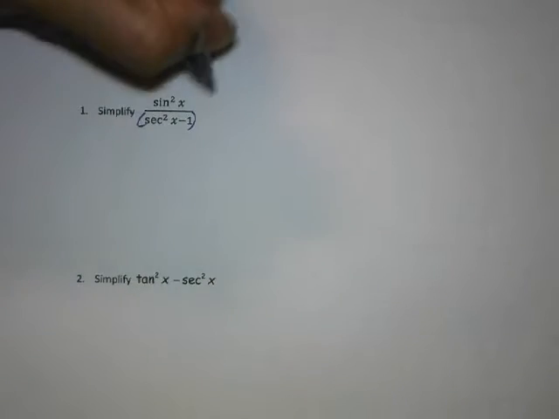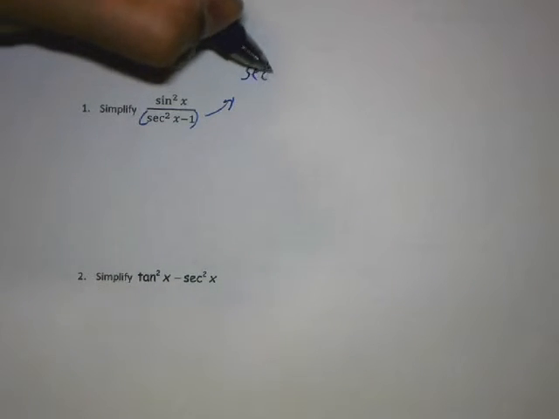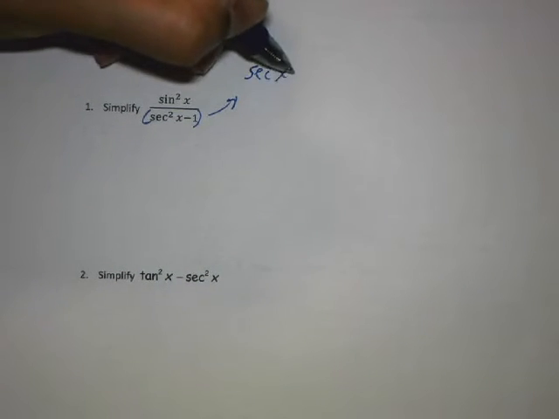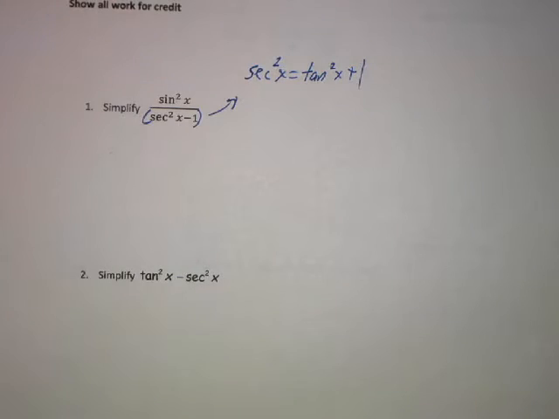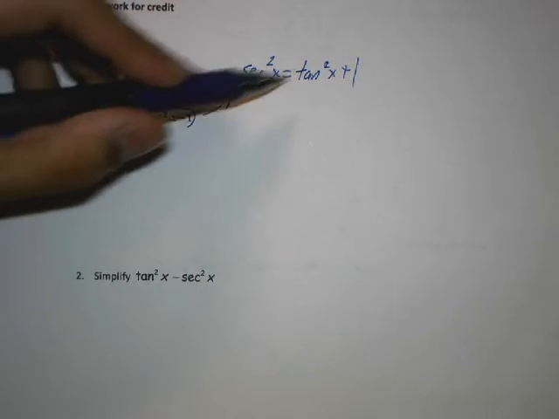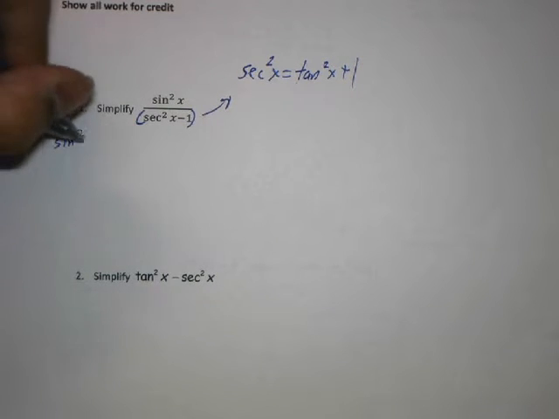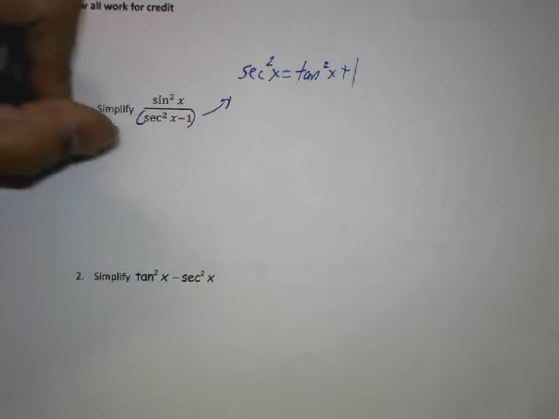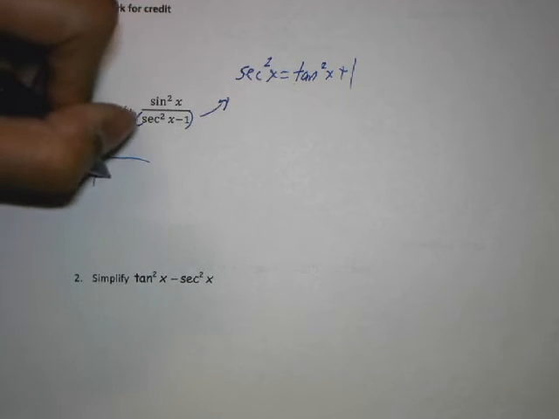So let's take a look at what identity we can use with that. Secant squared x is tangent squared x plus 1. All right, so if I plug this information in for secant right here, sine squared over tangent squared x plus 1 minus 1.